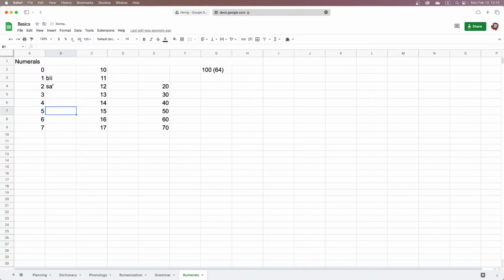Saw. 4 should be... I want the acute accent, not the other one.